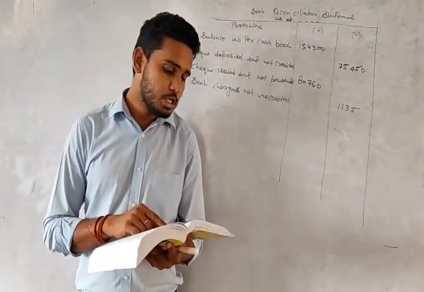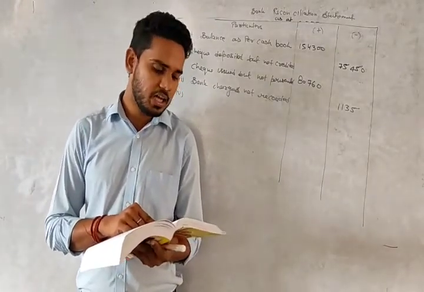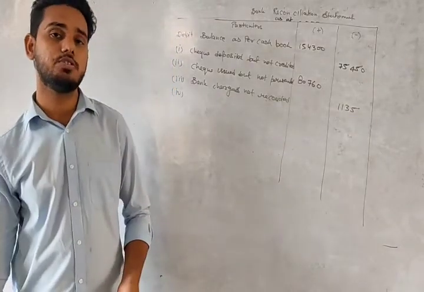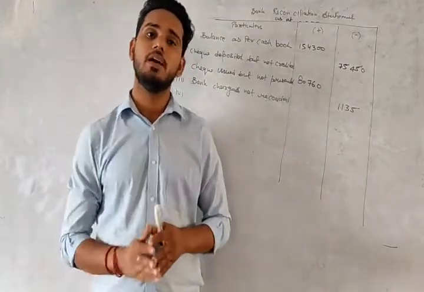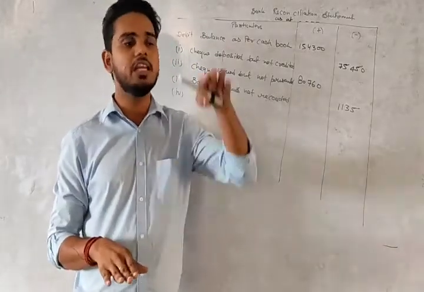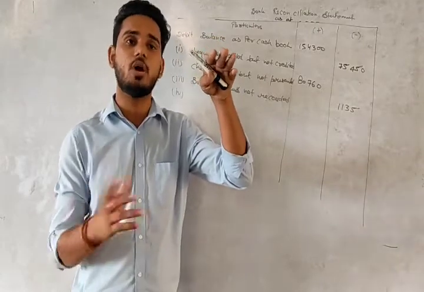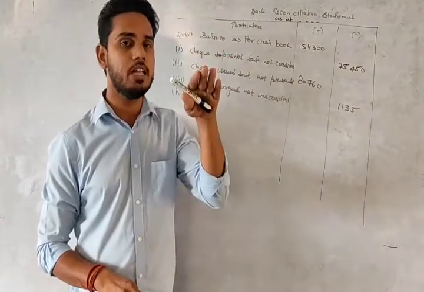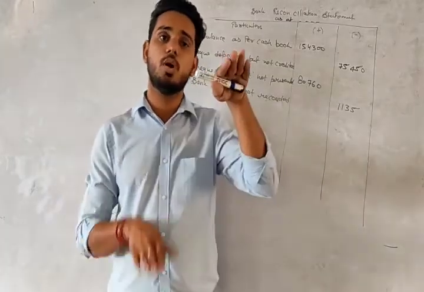The next point is check received by the bank directly from the debtors, 1,35,300. Now see one thing. Whenever the bank receives a check from a customer, the bank will increase your balance because the bank got a check for your account, but you have no information, so you have not increased.